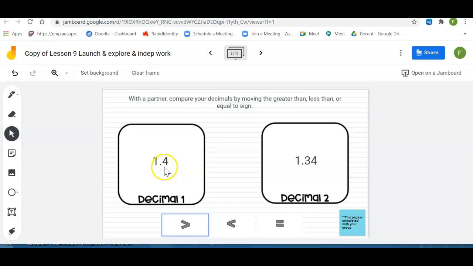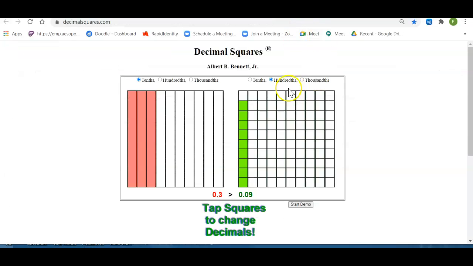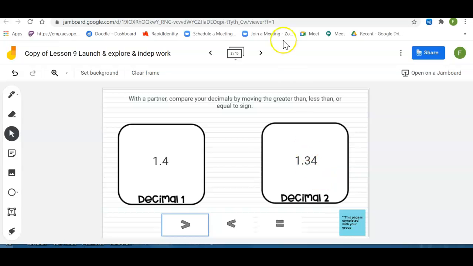So you got 4/10 right here, and we're comparing it to 34/100. So let's go ahead and build 4/10 over here, and 34/100 is the other part.